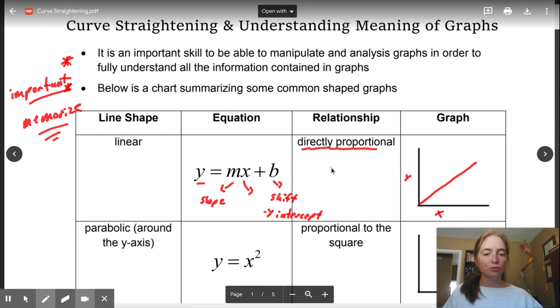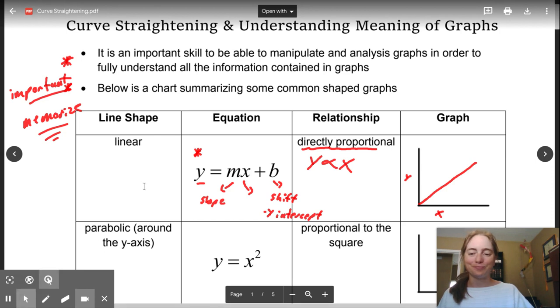In this case, the relationship between y and x is directly proportional. When x increases, y increases. That's your linear graph, and this is the one that we are going to be doing a ton of work with throughout the course.